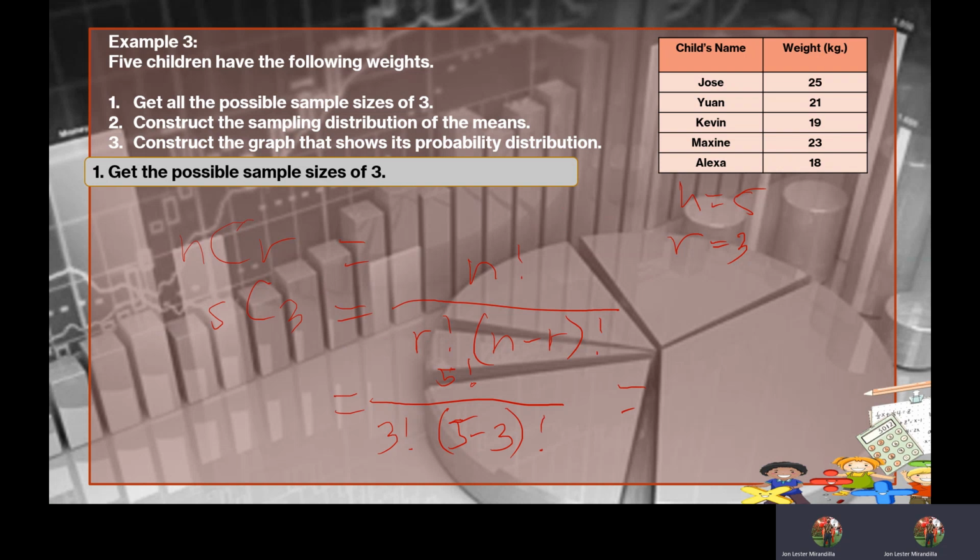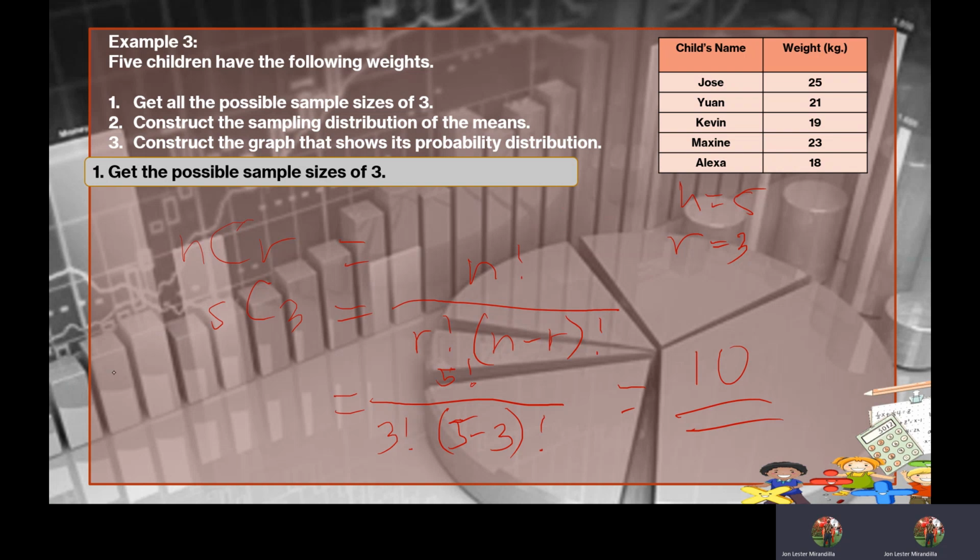So, ang lalabas dito is 10. So, kailangan natin ng 10 possible outcomes na makukuha natin.